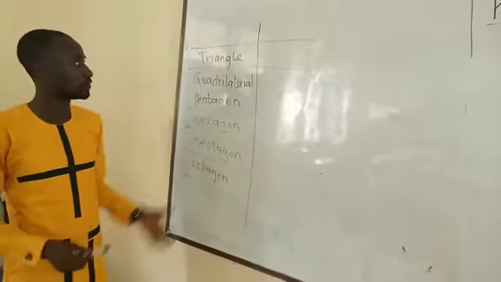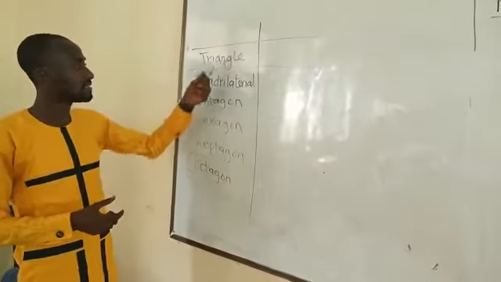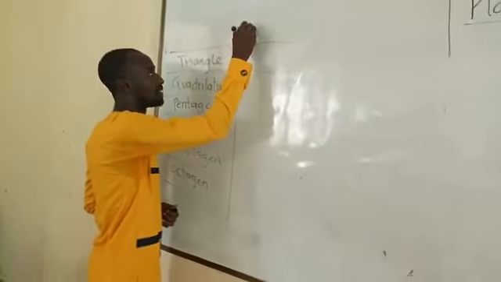It goes on and on. So these are some of the names of the polygons. They want to see the number of sides these polygons have. So let's write it here, number of sides.